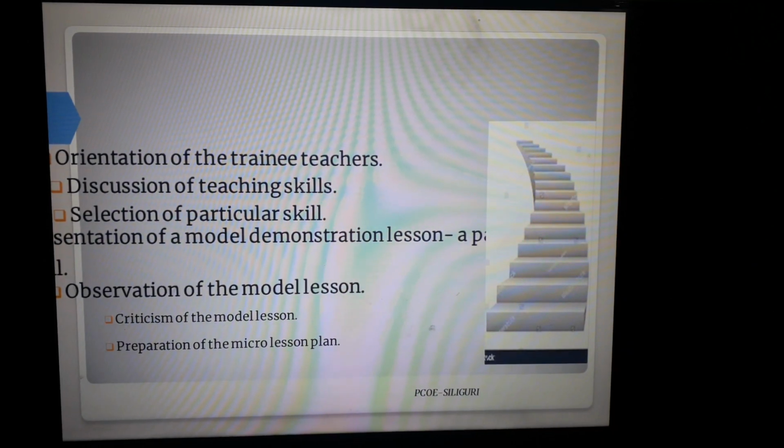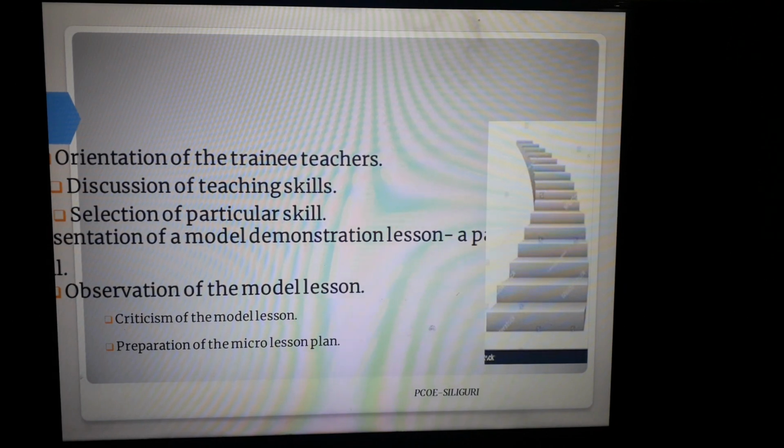Next, observation of model lesson. Just one thing is, who is observer? Here in classroom situation, teacher and peers both are observers.